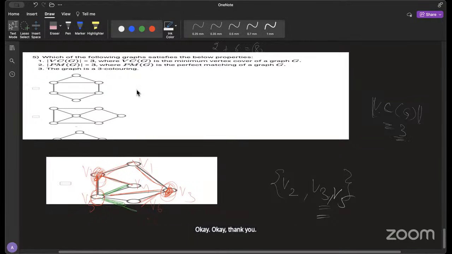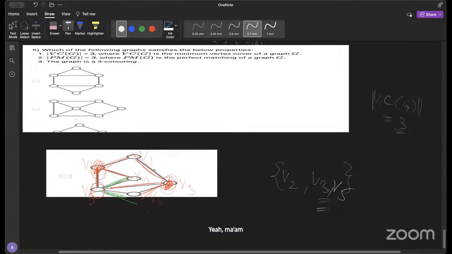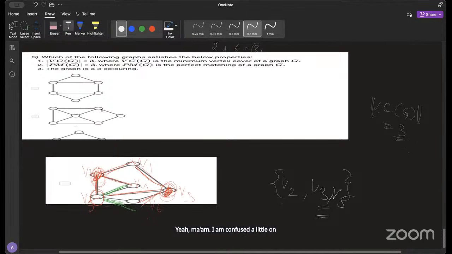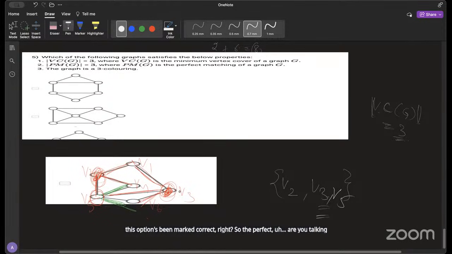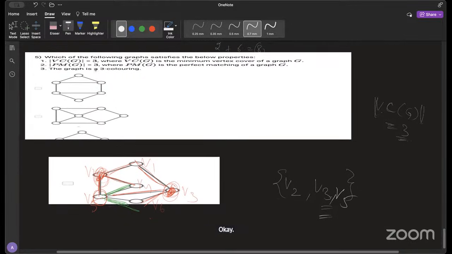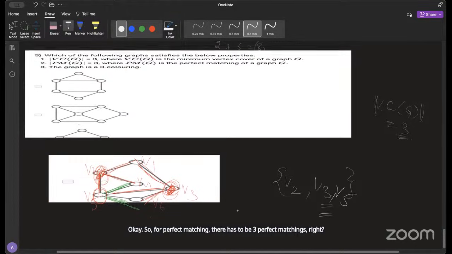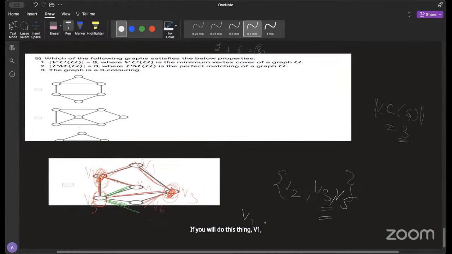Ma'am, can you now explain the perfect matching of this question only? I am confused a little on this part. And this option has been marked correct, right? If you can just explain perfect matching in general. So for a perfect matching, there has to be 3 edges, right? How many vertices are there?